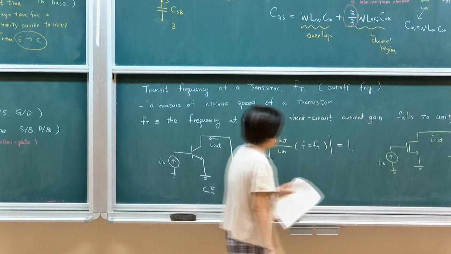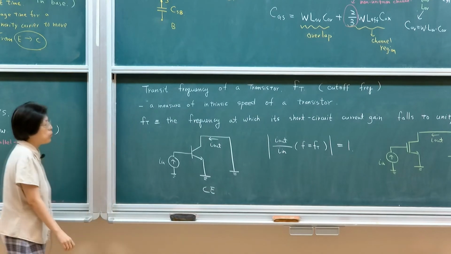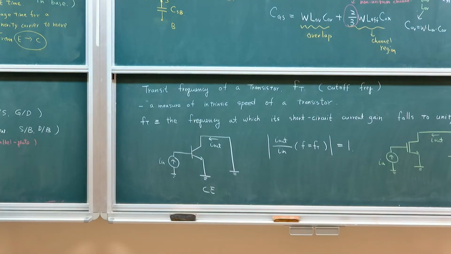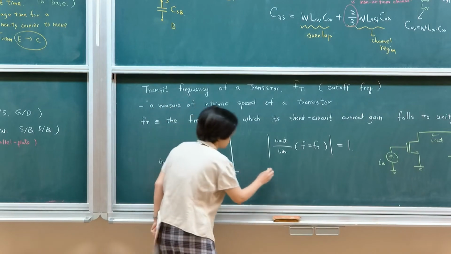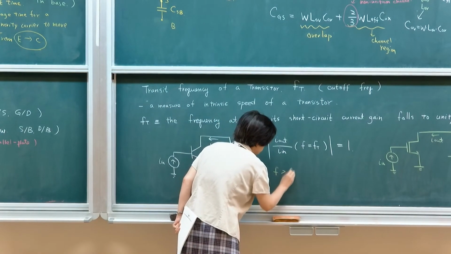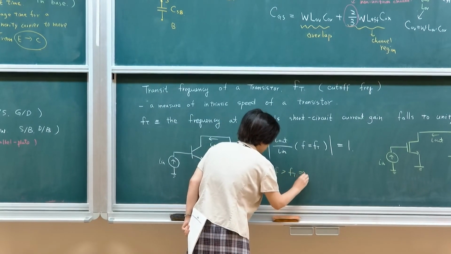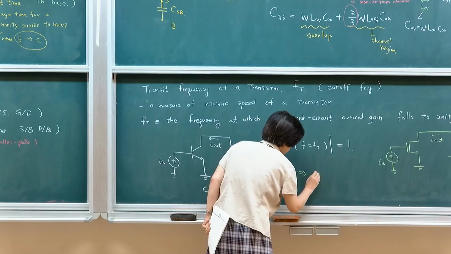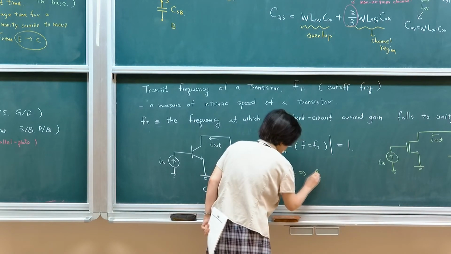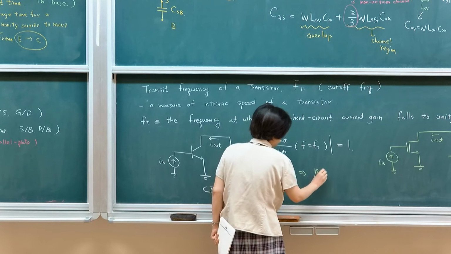And its definition is the same. You look for at which frequency the gain would then fall to 1. Beyond that, it's no longer an active device. So for frequency above FT, it does not provide gain. Your current gain, for BJT, is beta.